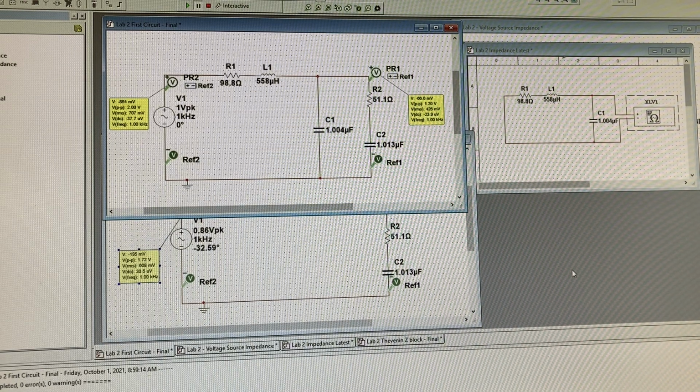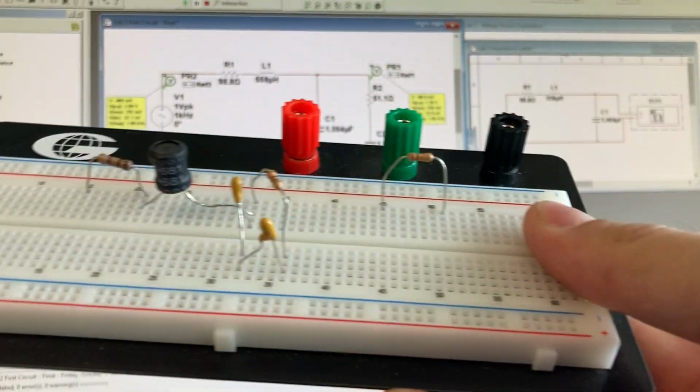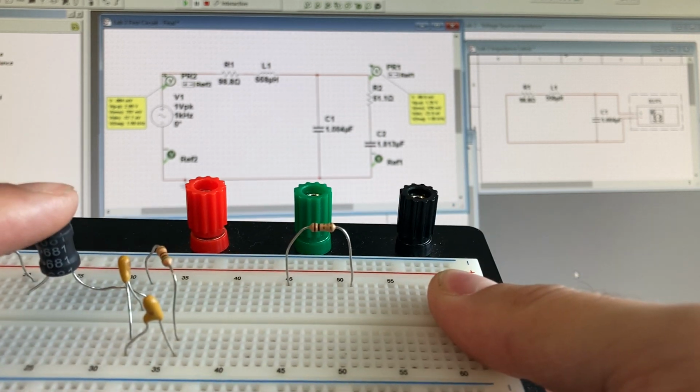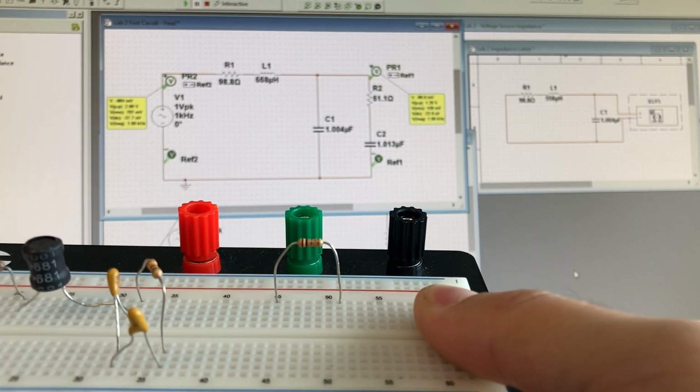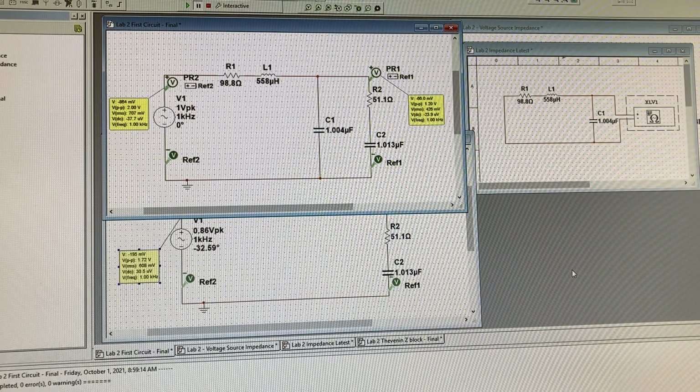So here I have the physical circuit designed. I have these exact components placed, and when I go to measure the voltage, let's switch over to the oscilloscope.